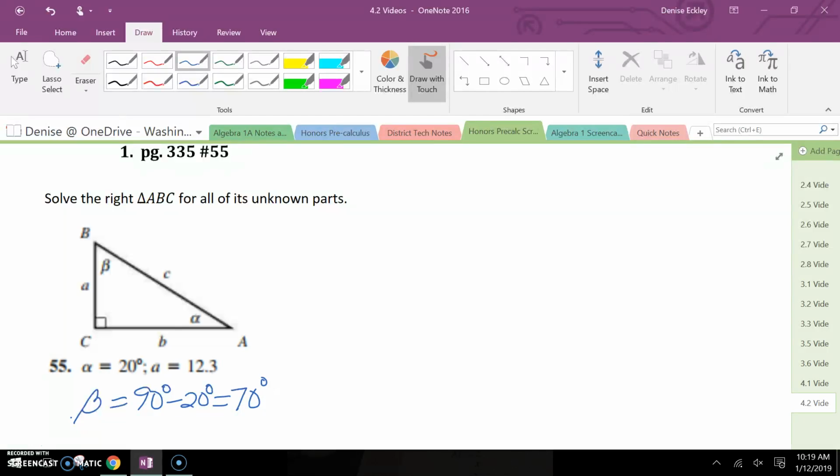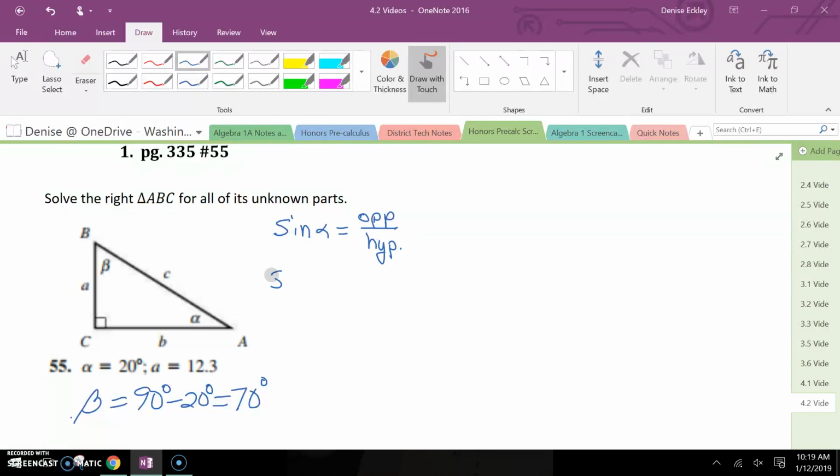Now what we can do is use the fact that we have two of the three parts of finding sine of alpha. We know that sine of alpha is going to equal the opposite side, which is A divided by the hypotenuse.